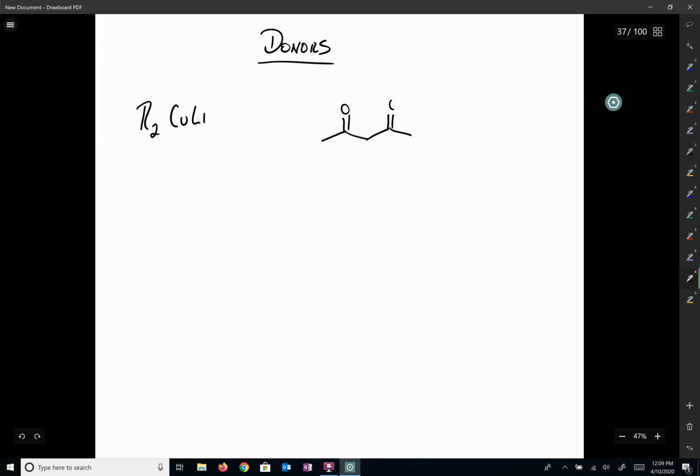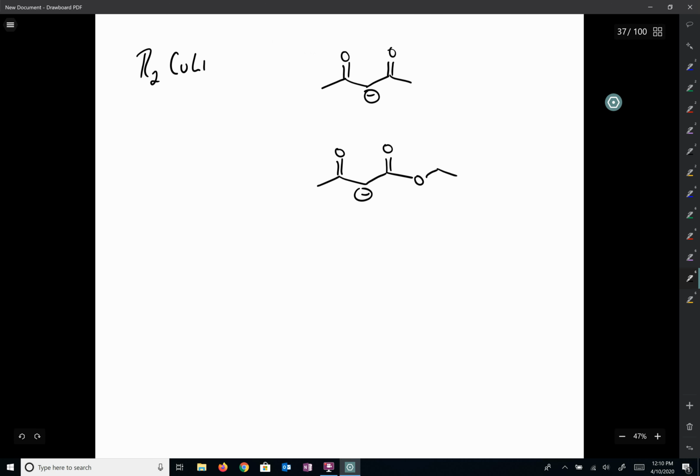But resonance-stabilized enolates are going to make good donors. So if we have a series of enolates that are resonance delocalized, and we can even bring in nitro groups here, right?